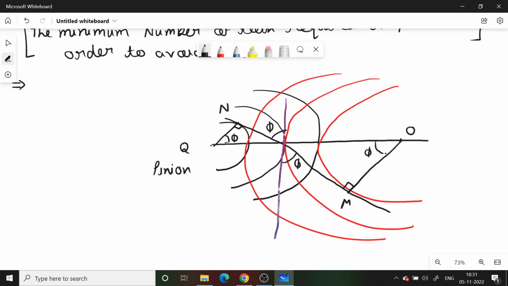This is the common tangent to pitch circle. This is the pitch point P.